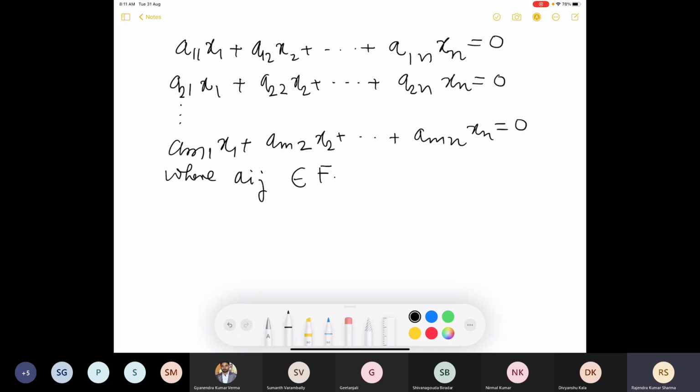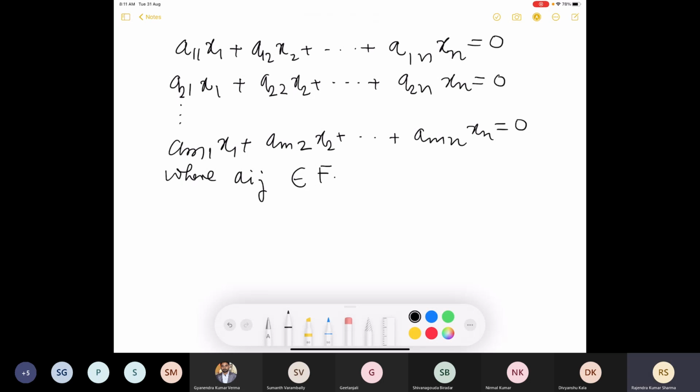So we want to know what is meant by a solution. A solution means we look for vectors, say v equal to (x1, x2, ..., xn), which satisfy these equations. The aij are known.